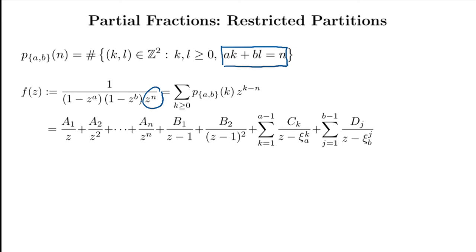And so if you do partial fractions, it looks like this last line on the screen. So these coefficients A1, A2, and so on, are things that one has to compute in terms of partial fractions. But I wanted to give you a very quick idea of what this is good for.